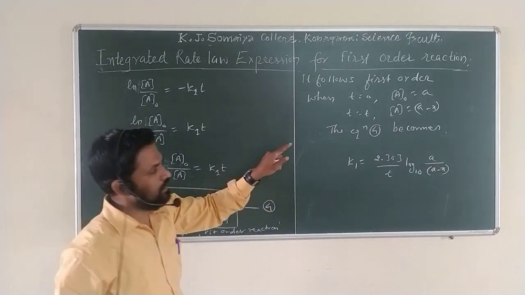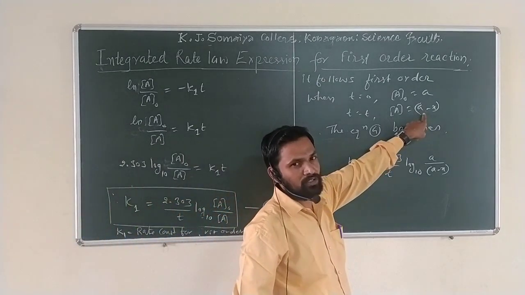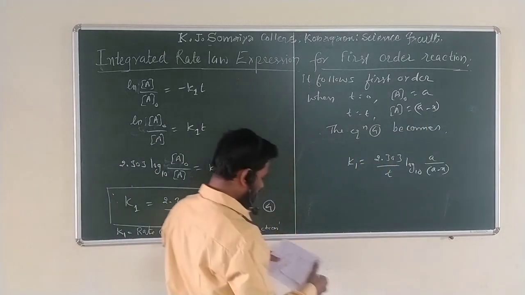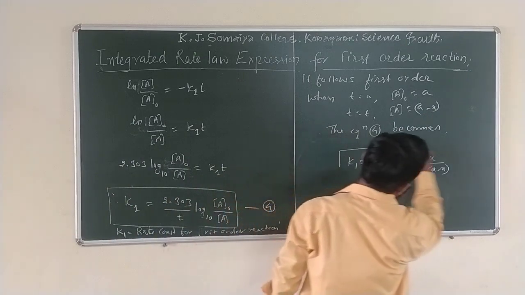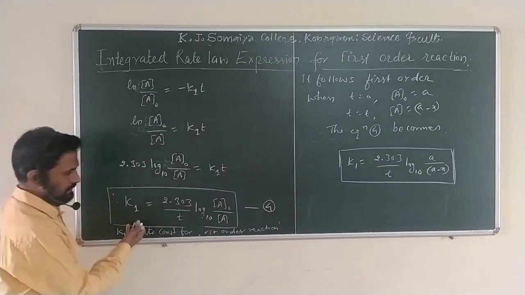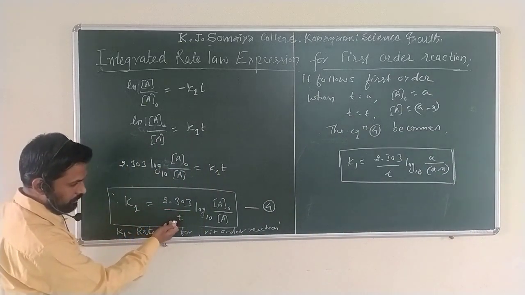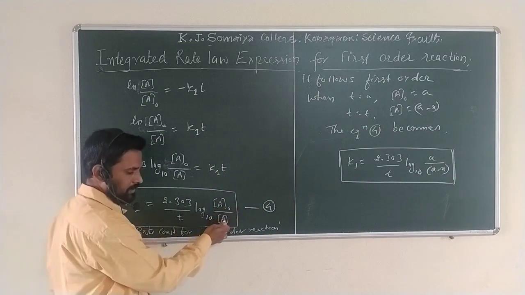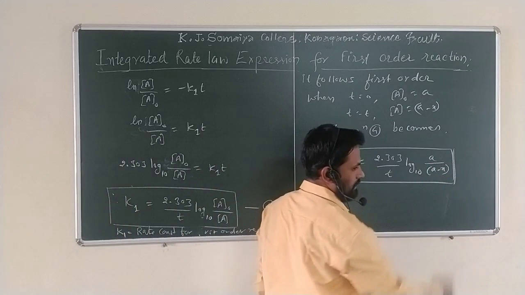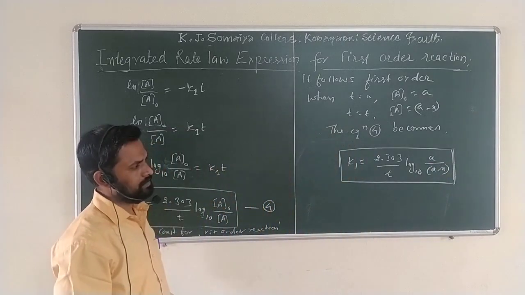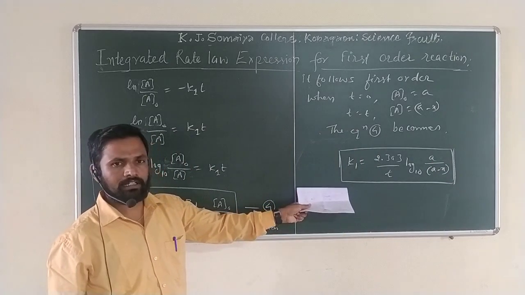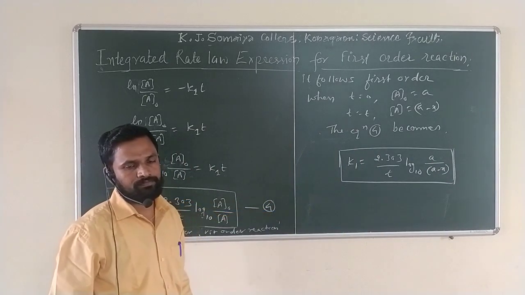So this is A minus X, the remaining concentration of the reactant molecules at time T. So K1 equals 2.303 upon T log 10 A upon A minus X. Here A is the initial concentration and A minus X is the concentration of reactant at time T. We can find the rate constant of any first order reaction with this formula.